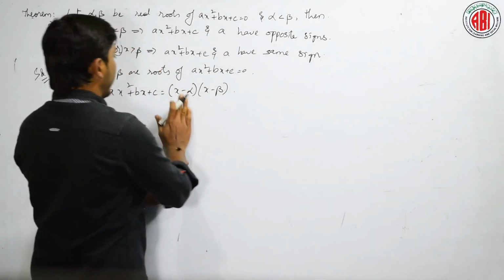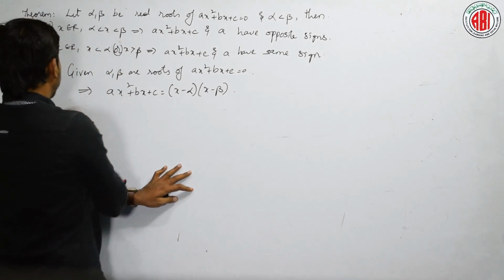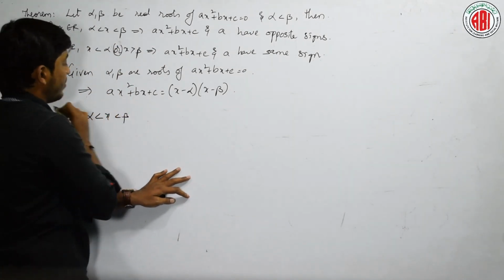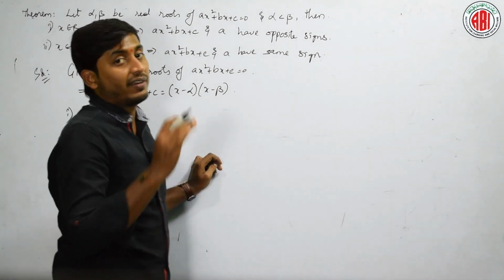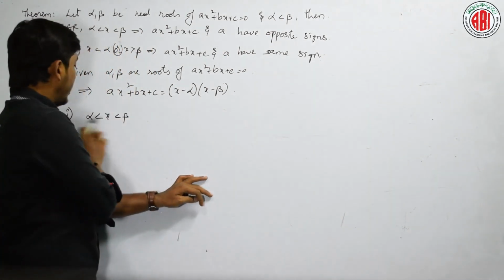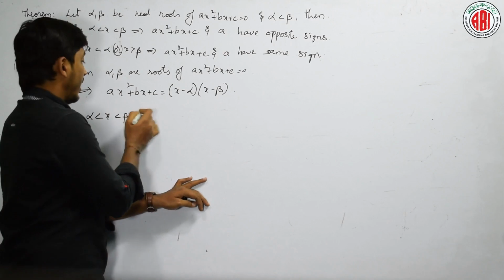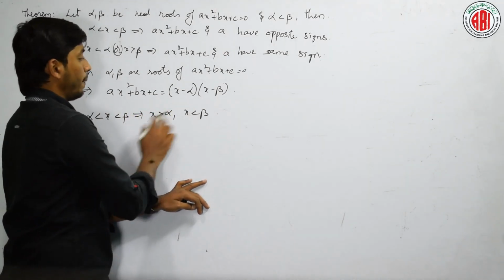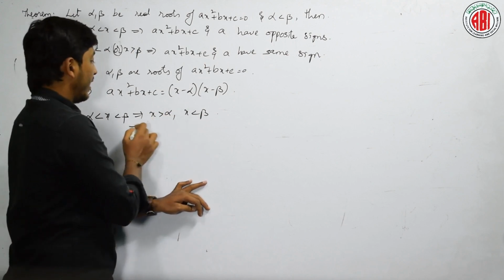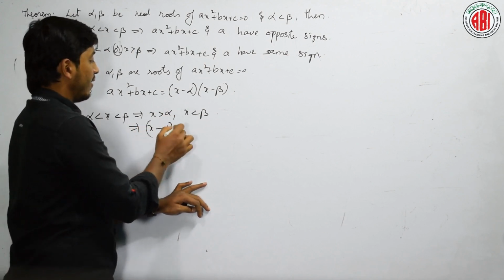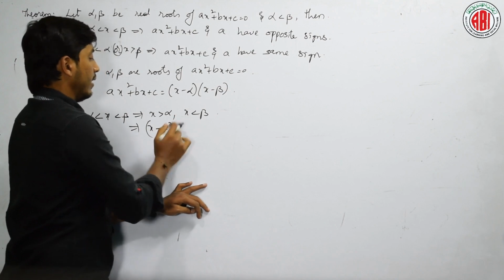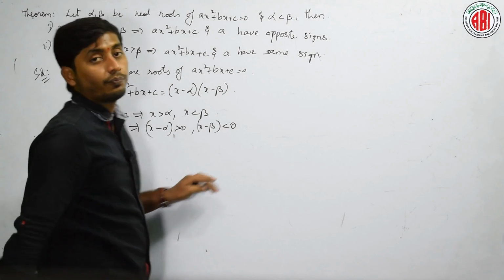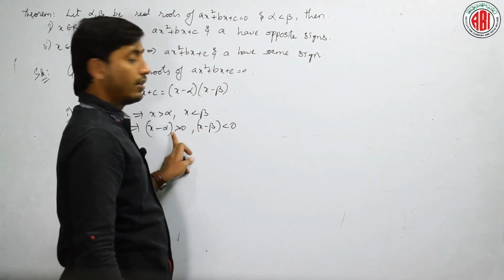So, let us put it like that and let us take the first condition, given alpha is less than x less than beta, that is, x lies between alpha and beta. What does this mean? Alpha is less than x, so I can write x is greater than alpha and x is less than beta, isn't it? So, from this can I write x minus alpha is greater than 0 and x minus beta is less than 0? Can I write this condition?